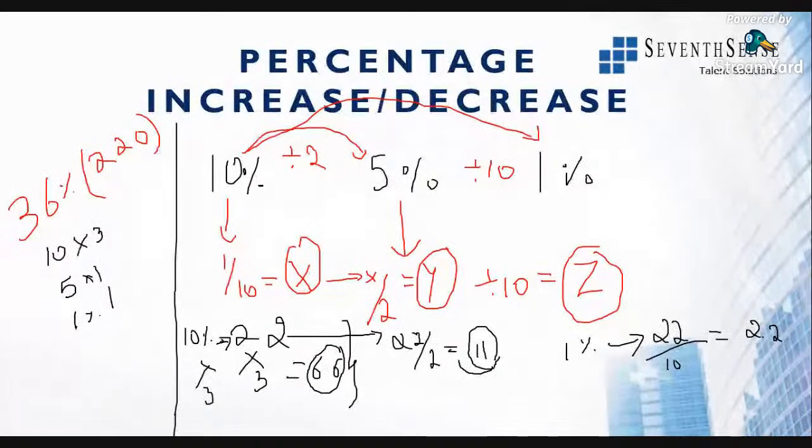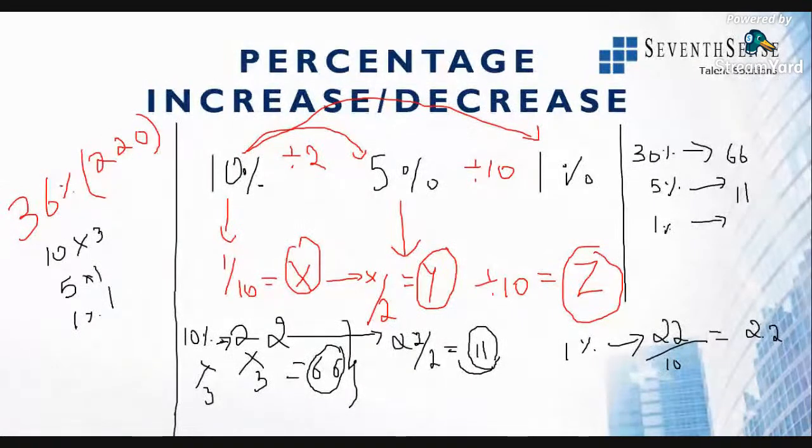All right. So now we have the 30% value, which is 66. Then the 5% value, which is 11. You can do this in your mind, guys. Then the 1% value, which is 2.2. So 66 plus 11 becomes 77. 77 plus 2.2 is 79.2.